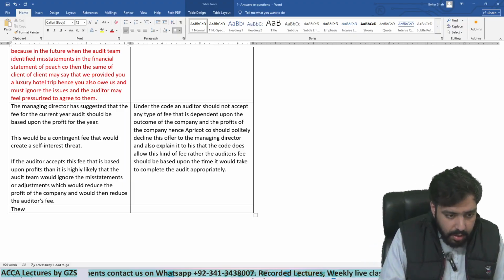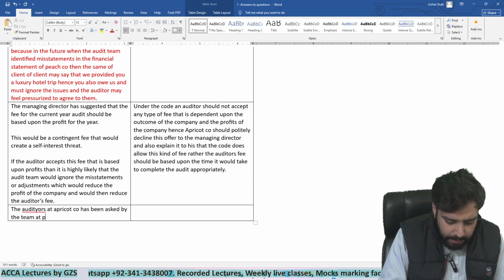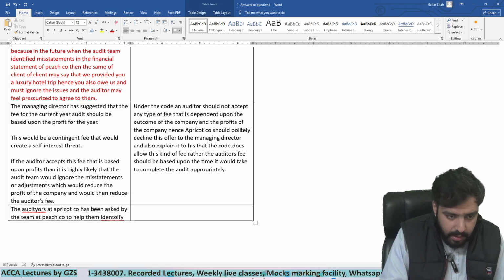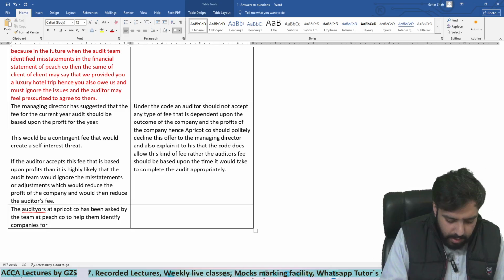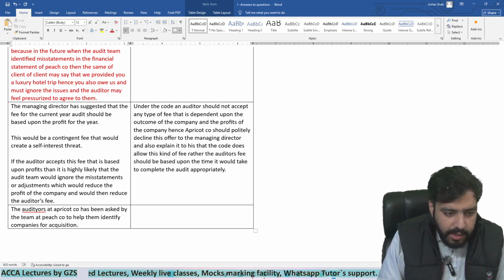The auditors at Apricot Corporation have been asked by the team at Peach Corporation to help them identify companies for acquisition. So basically, purchasing the companies or purchasing a new subsidiary.